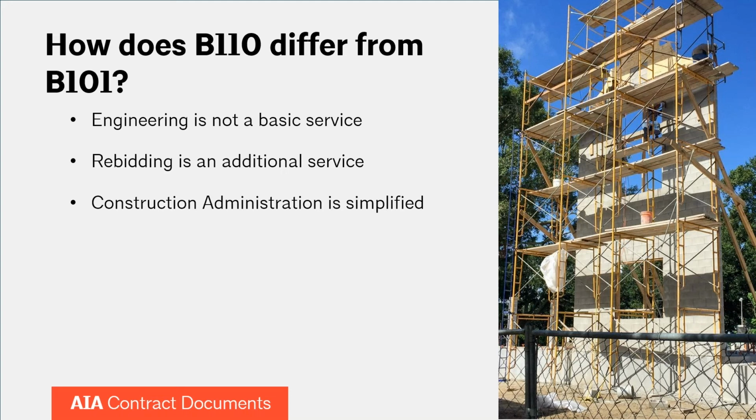In addition, the B110 clarifies that the owner will retain one single contractor to perform the work. If the owner elects to hire subcontractors directly as a general contractor, the architect would be entitled to additional compensation because of the additional work required to coordinate such a project. The owner is always required to provide the architect with a copy of the executed agreement between the owner and contractor.